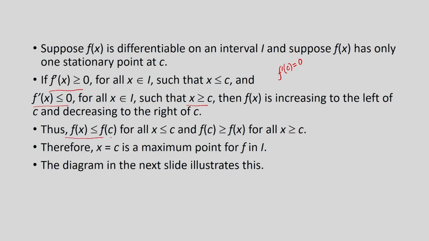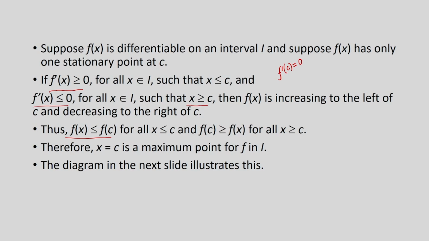Thus, f(x) is less than or equal to f(c) for all x less than or equal to c, because the function was increasing there, and f(c) is greater than or equal to f(x) for all x greater than or equal to c, because the function is decreasing there, right.